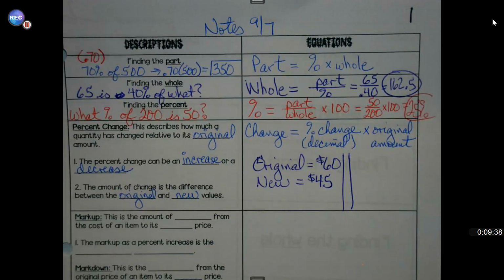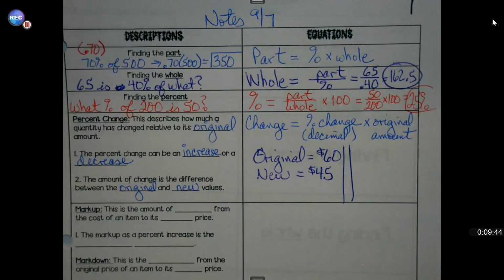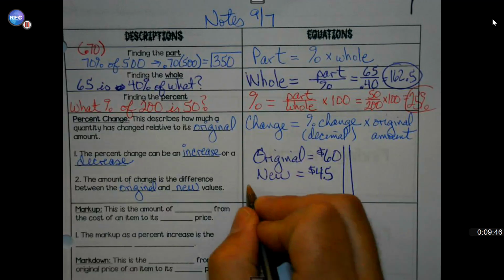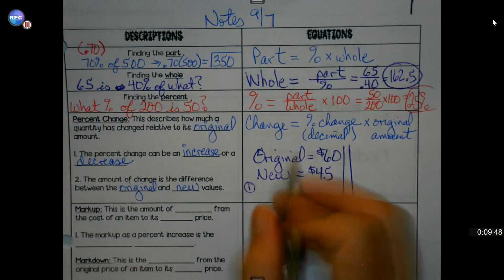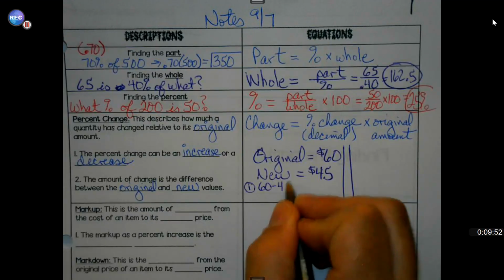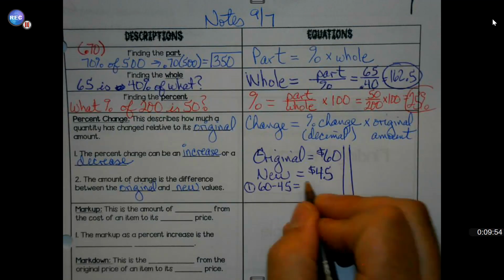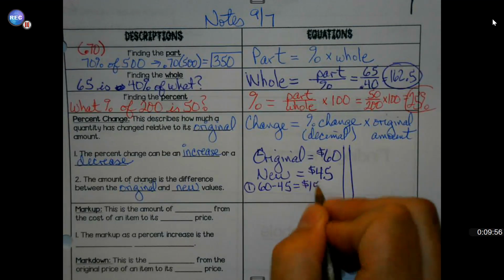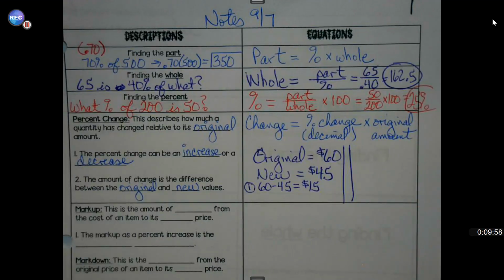So I've got two things I've got to look at here first. First, I got to see what the difference is going to be. So I'm going to subtract the two values. Bigger minus smaller. So there's a $15 difference between the old and the new.